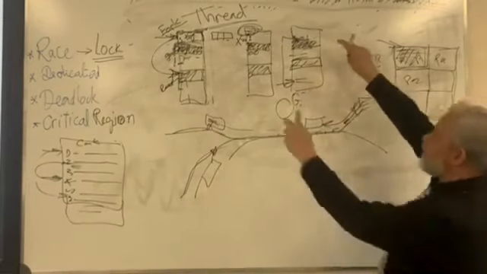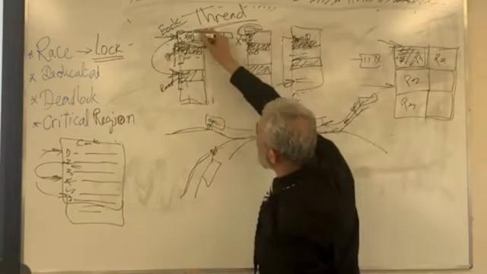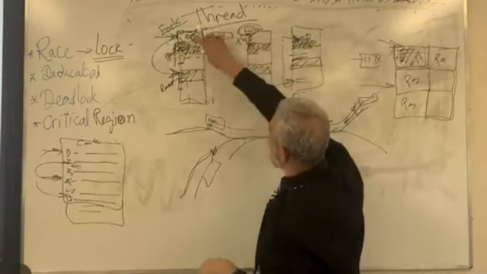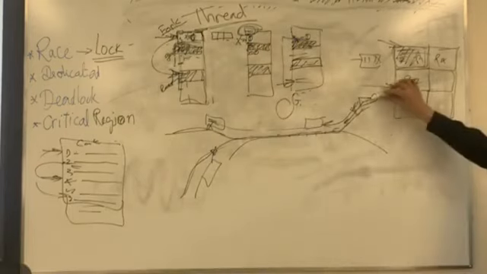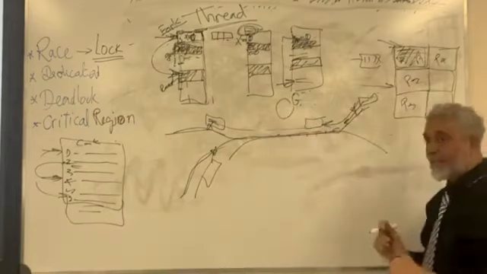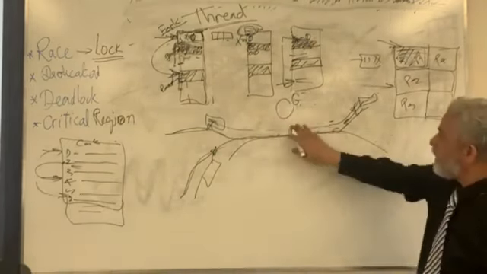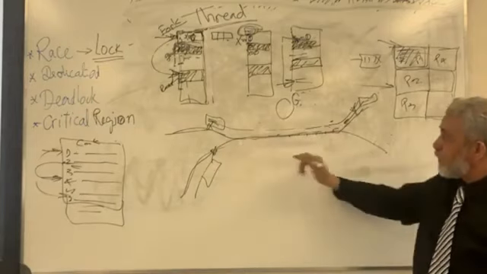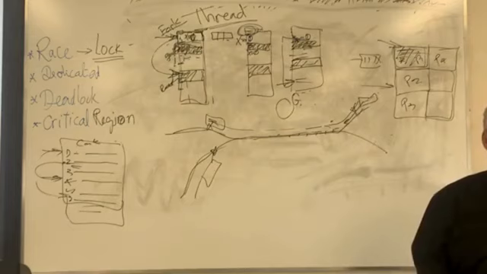It's like 2 programs coming in here, and the variable X is 0. Both train drivers cannot see each other, but they can see the green light. They say, okay, there's nobody in the critical section. This guy hits the lever, that guy hits the lever at the same time.